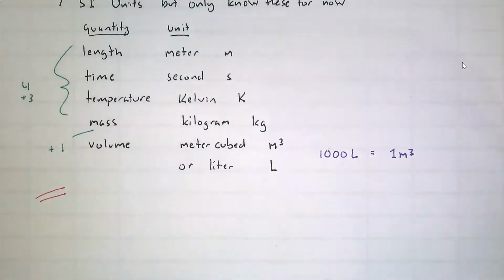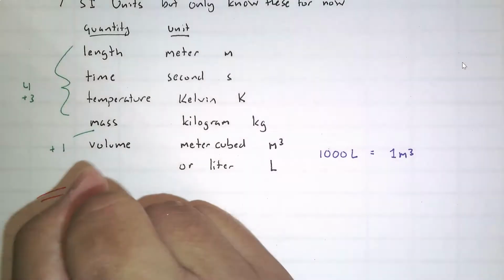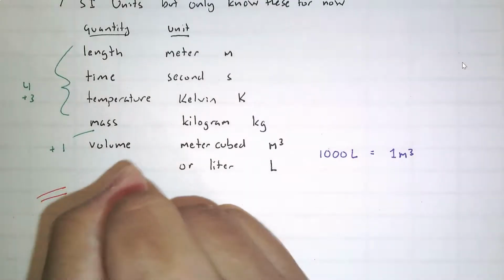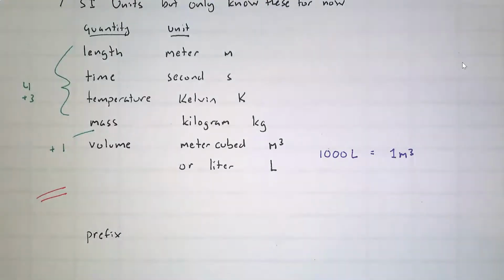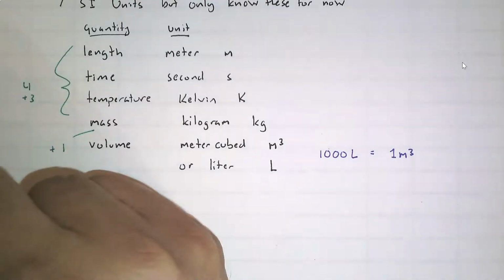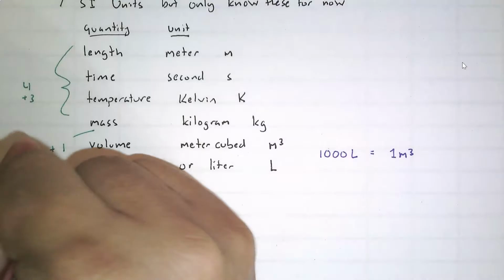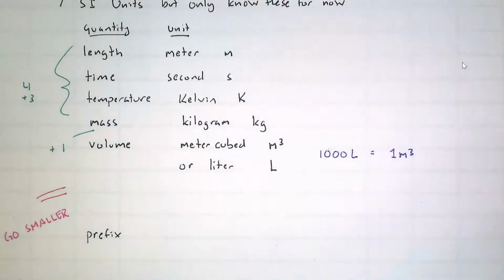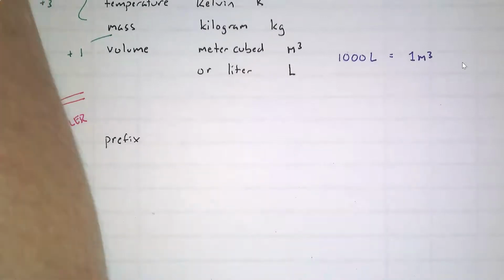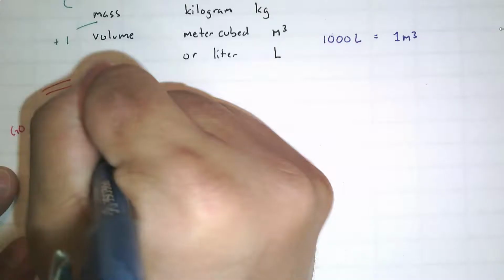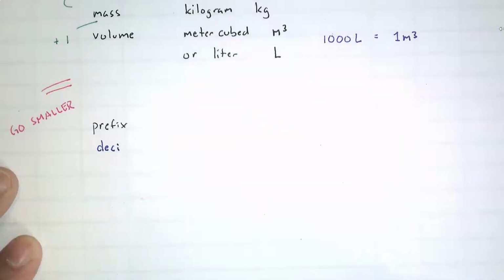And let me give us another table. Let's take the prefix. We're going to go smaller for now. And actually the first prefix that I want to go over is the deci prefix. Deci.